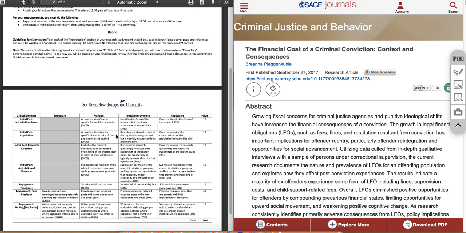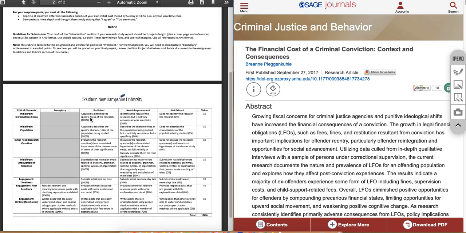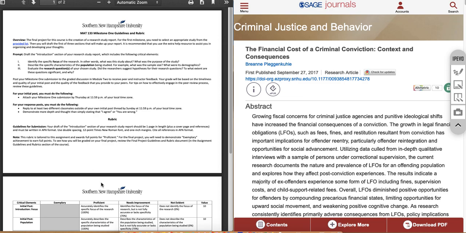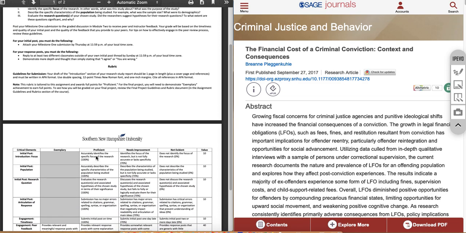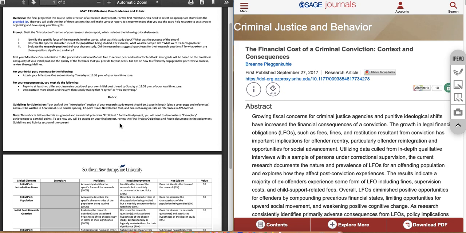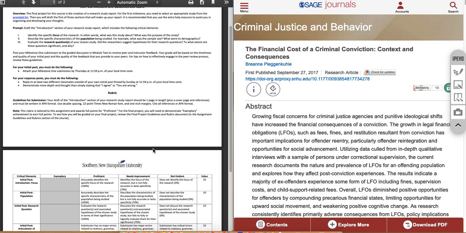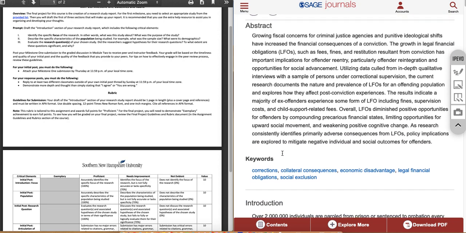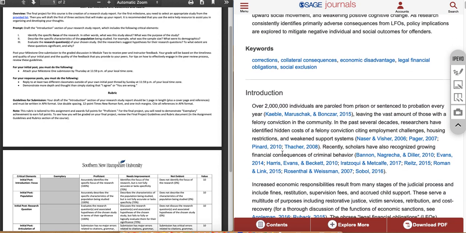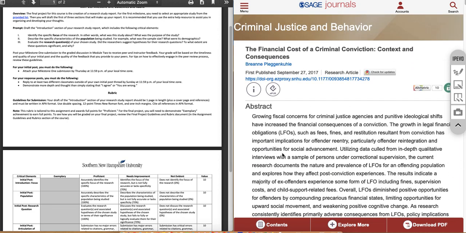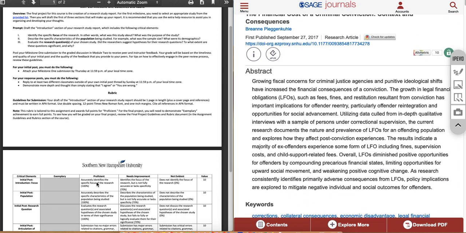So first of all, when we look at the first part of the initial post, which is the introduction, the focus portion, so that's Roman numeral 1, you want to make sure you accurately identify the specific focus of the research. So in doing that, you're going to really look at the abstract and the introduction to get that focus, that purpose of this article.